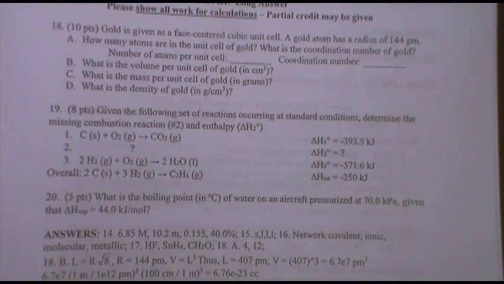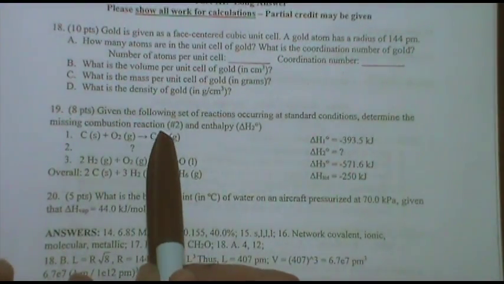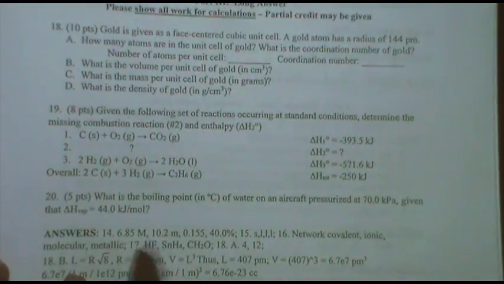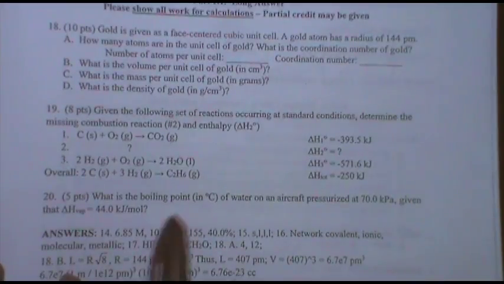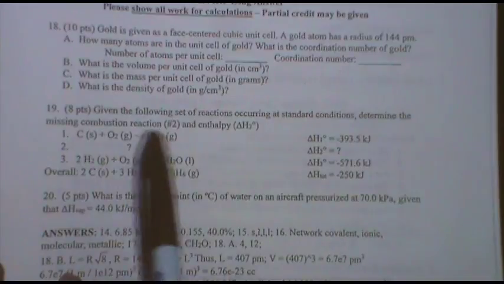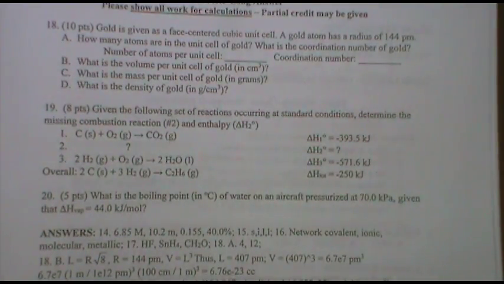Okay, I would recommend reading the question. Combustion reaction. Cool. What is the only thing that will combust here, most likely? Yeah, and you don't see it here or here, so it has to be here. So, combustion of C2H6, let's write that down.